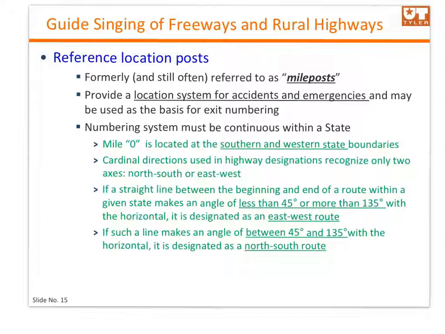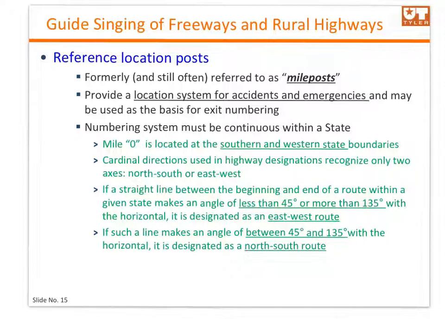So, for example, if a straight line between the beginning and the end of a route within a given state makes an angle of less than 45 degrees or more than 135 degrees with the horizon, it is designated as an east-west route.